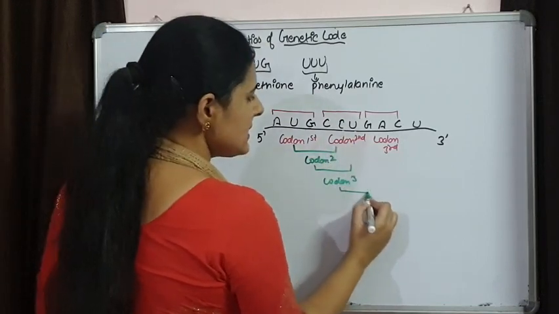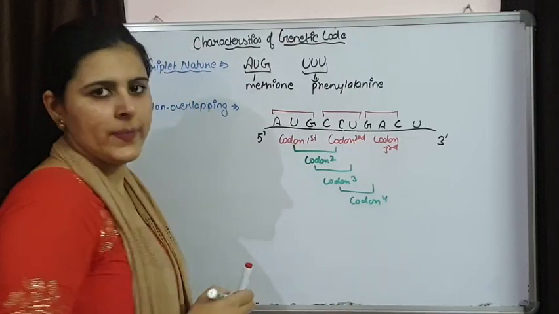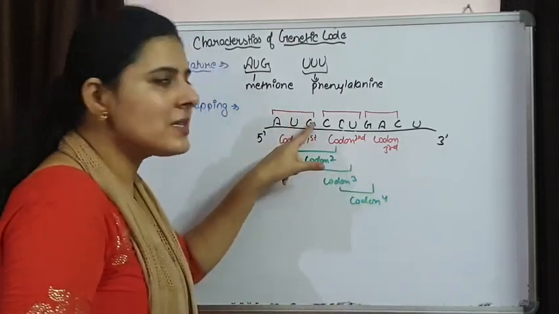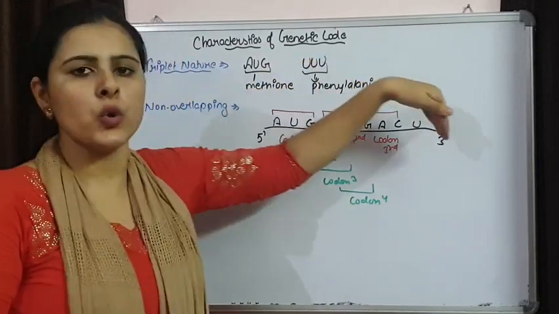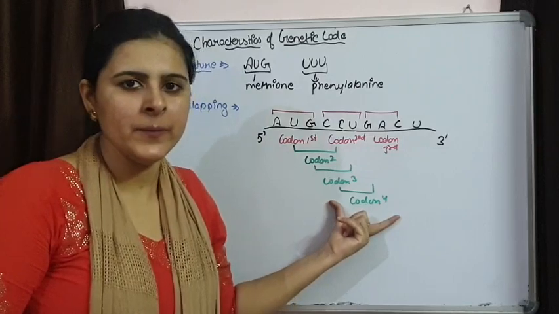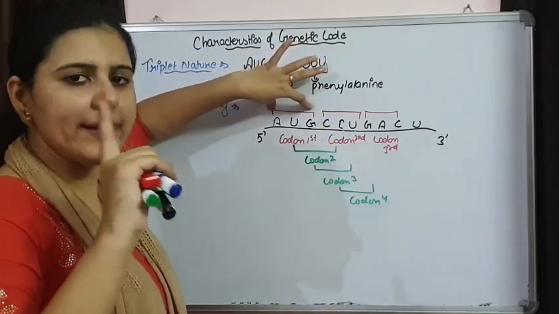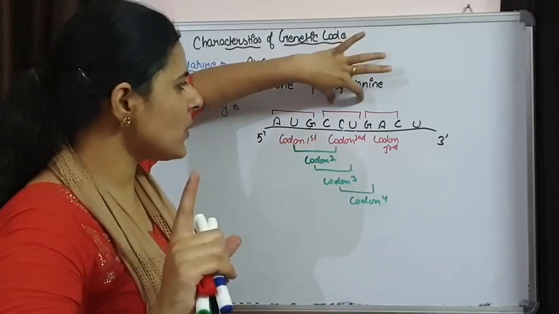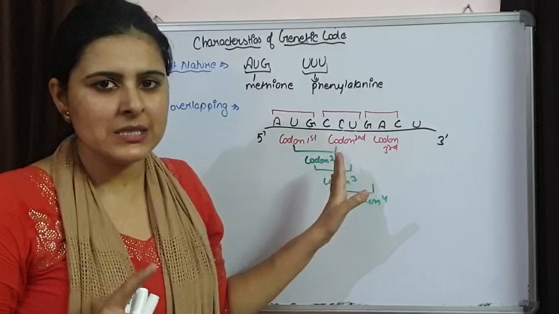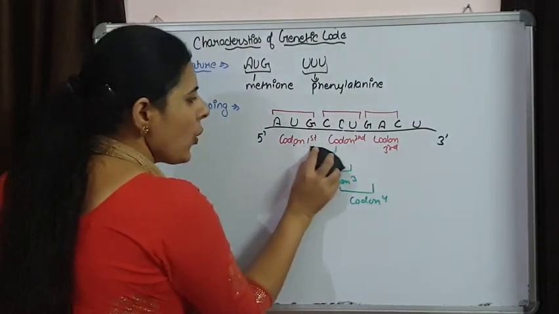Then again CC is codon 4. Though this is overlapping, these nitrogenous bases are included in other codons also. So this is not going to happen. This codon functions as a single unit and it will be read one time. Then this one and this one, there will be no overlapping seen. So the genetic code does not show overlapping.